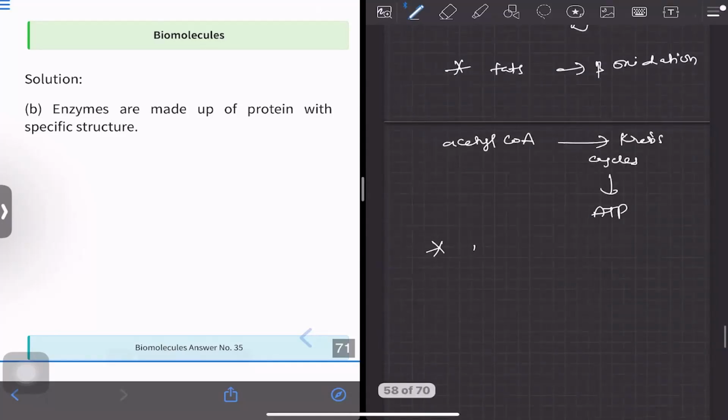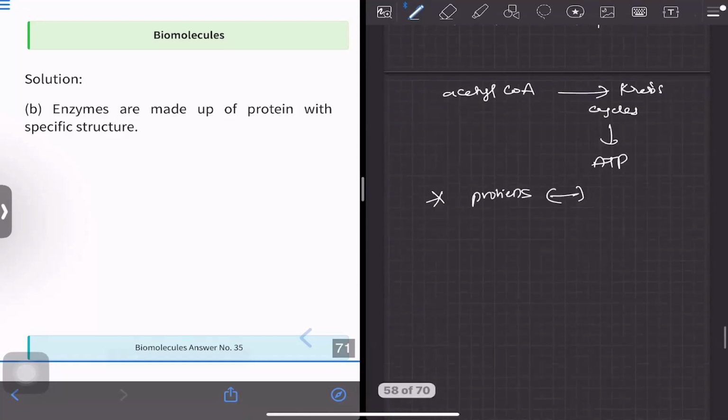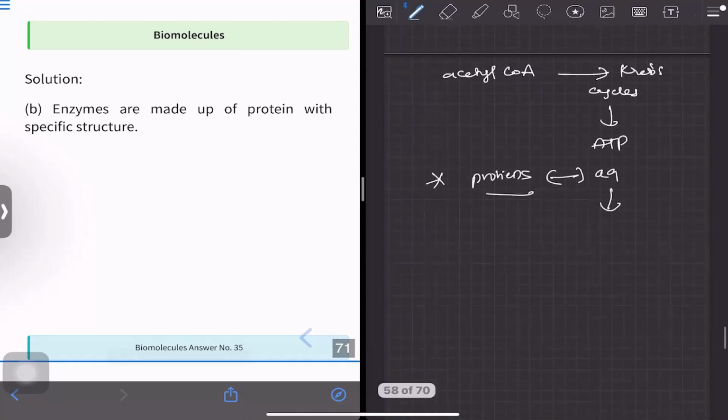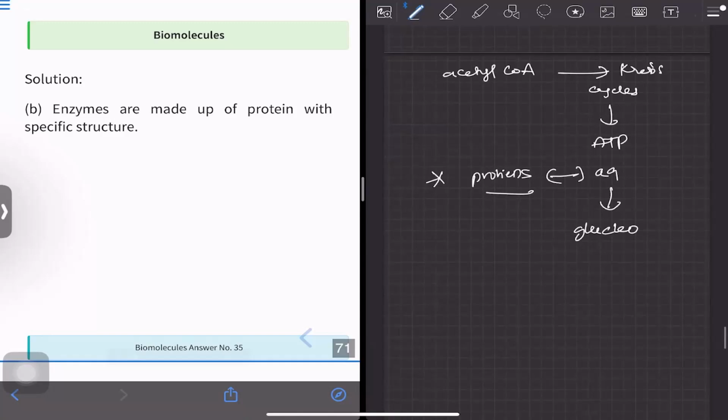In case of proteins, how do proteins produce energy? Proteins break down into amino acids, and amino acids produce glucose with the help of the process gluconeogenesis. We all know what is meant by gluconeogenesis.